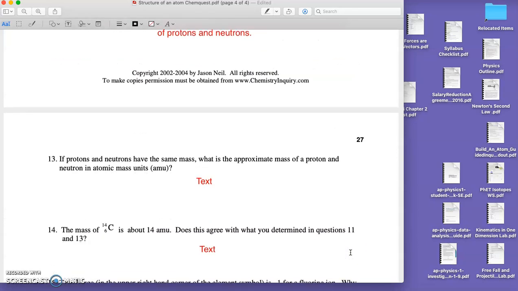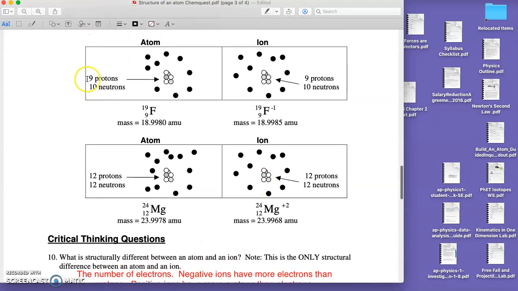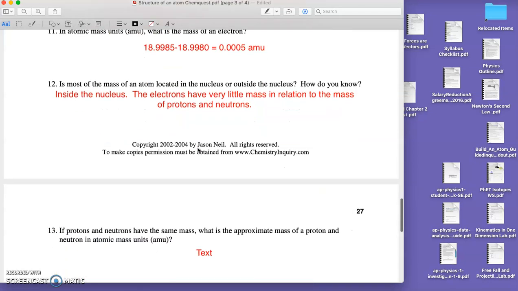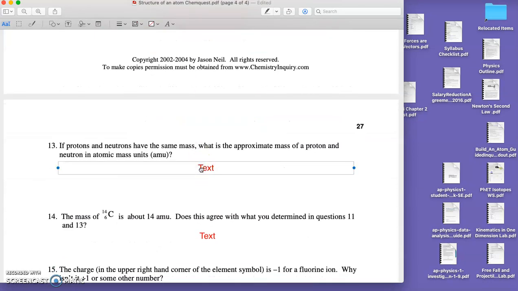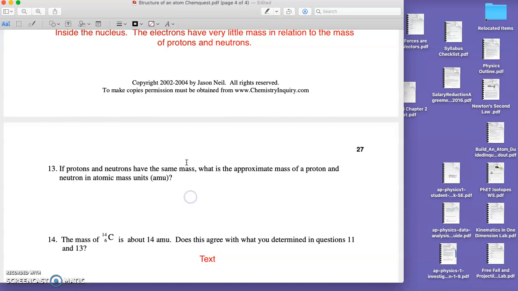Now, if protons and neutrons had the same mass, what is the approximate mass of a proton and neutron? Well, if you look really close, I got 19, and this number rounded up is 19. It's approximate, okay?